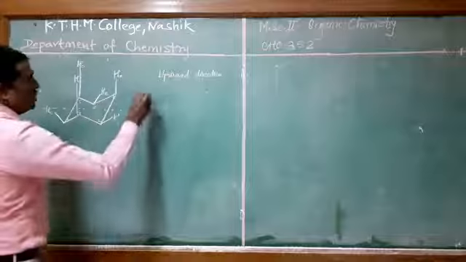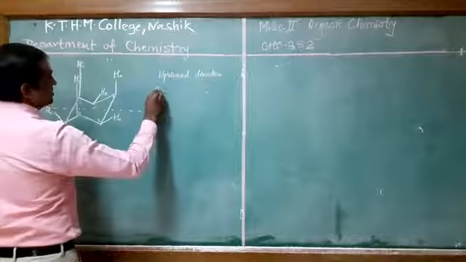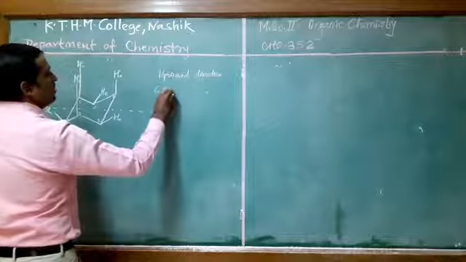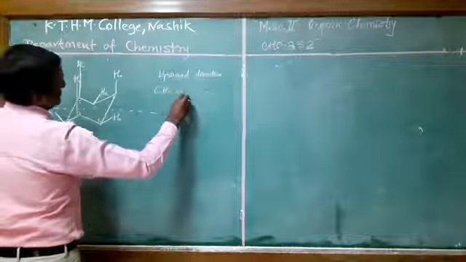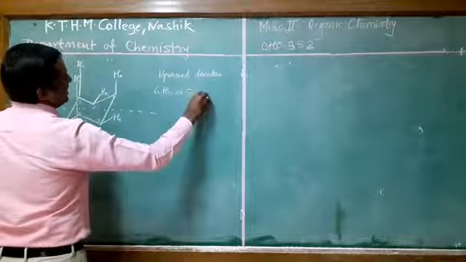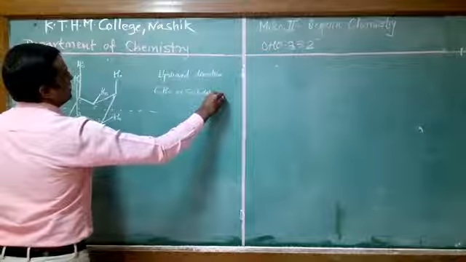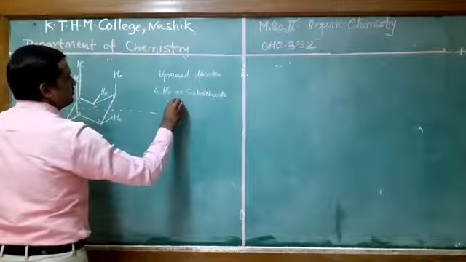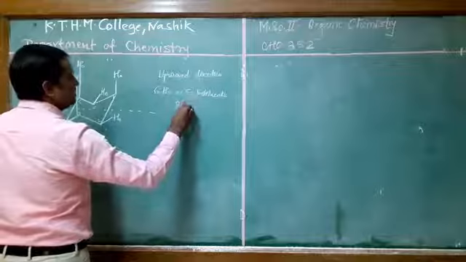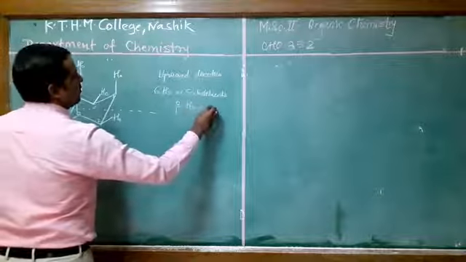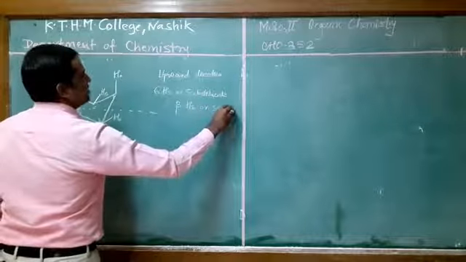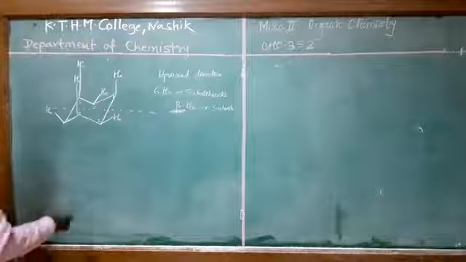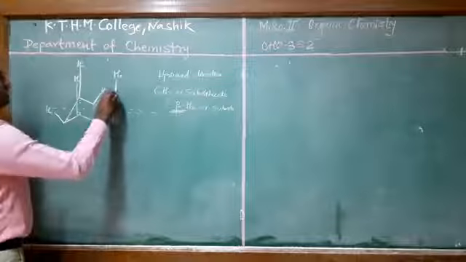So a total of 6 hydrogens or substituents are in upward direction, and these upward-direction substituents are called beta substituents or beta hydrogens.